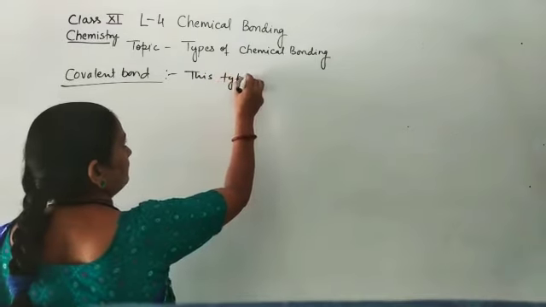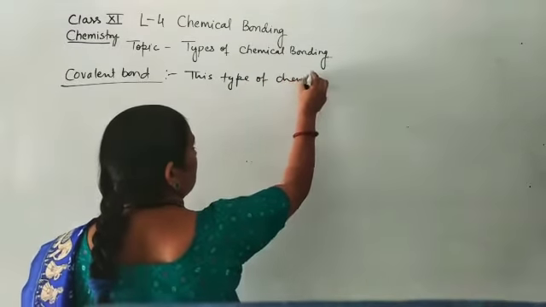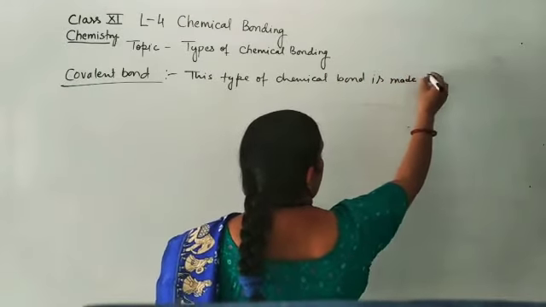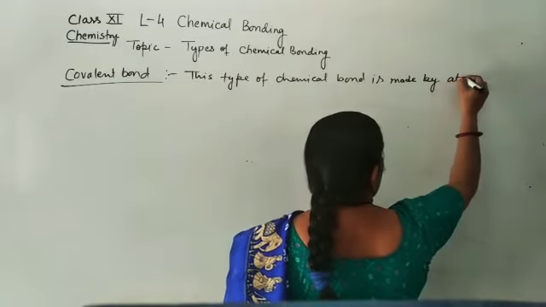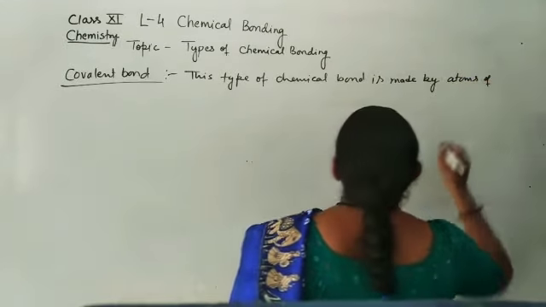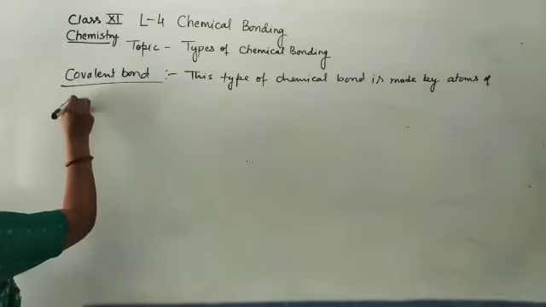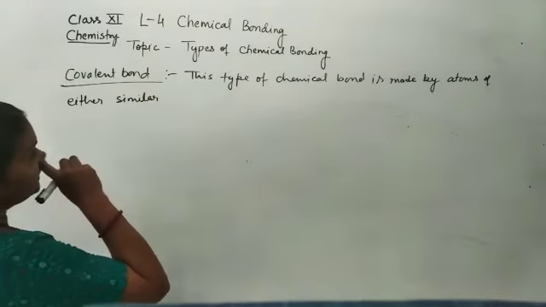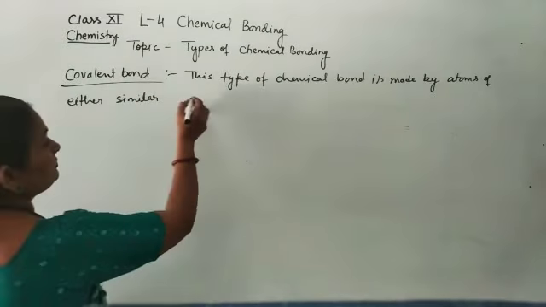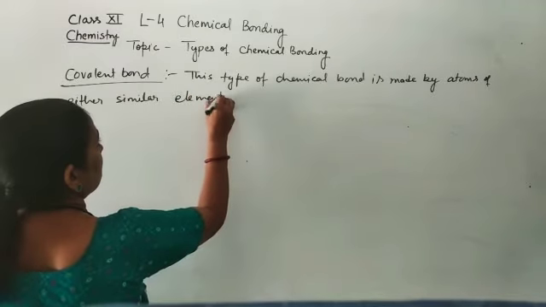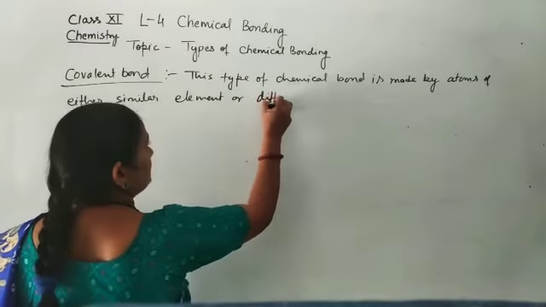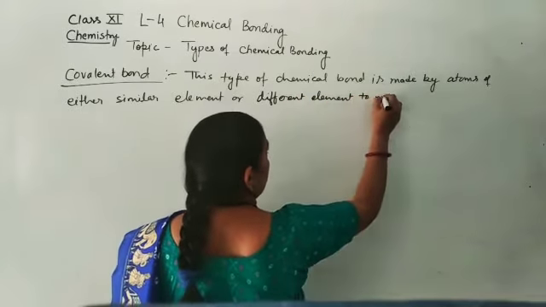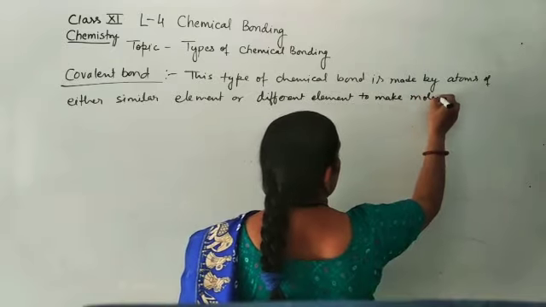This type of chemical bond is made by atoms of either similar element or different element to make a molecule.